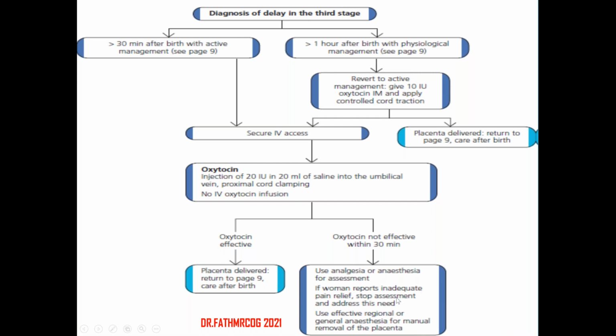If the woman reports inadequate pain relief, stop assessment and address this need. Use effective regional analgesia. And if the placenta is delivered, okay, you can manage her as the third stage. This is about how to diagnose the delay of the third stage.